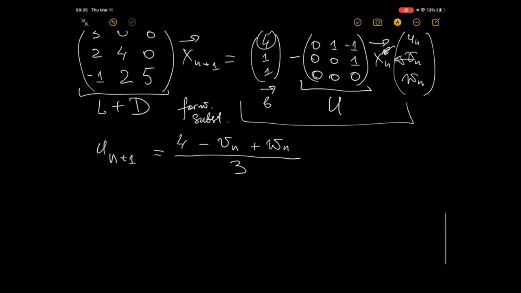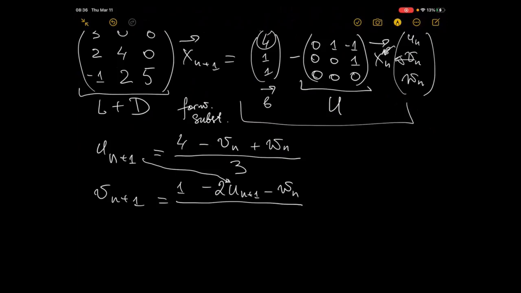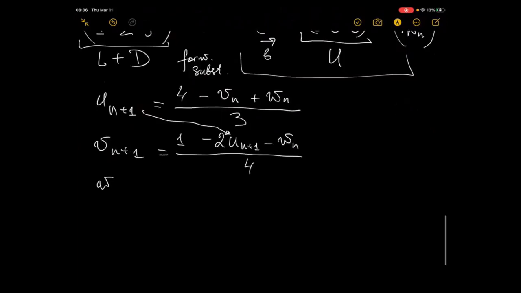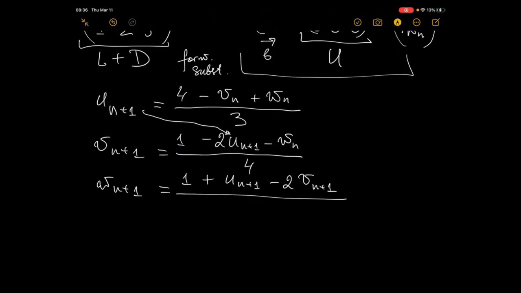Remember that this is u_n, v_n, w_n. Then v_{n+1} equals 1 minus 2 u_{n+1}, so we already use information here, minus w_n, divided by 4. w_{n+1} equals 1 plus u_{n+1} minus 2 v_{n+1}, divided by 5.